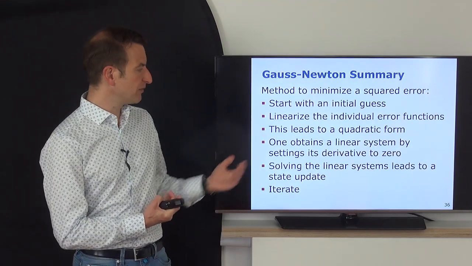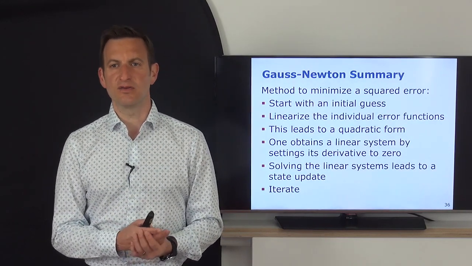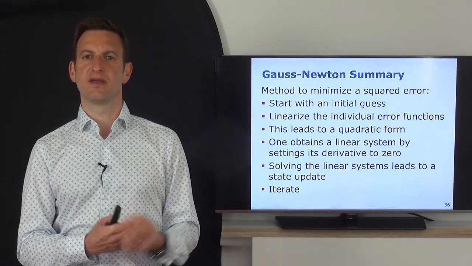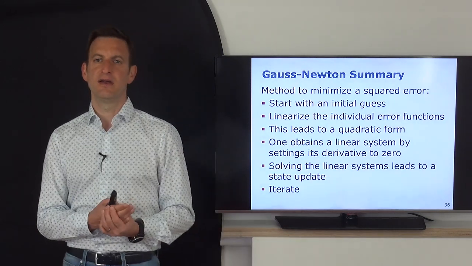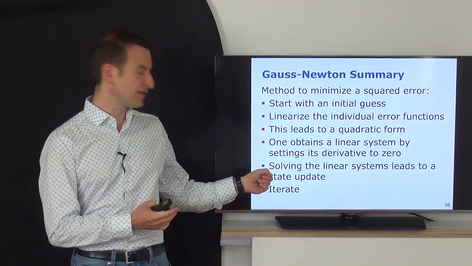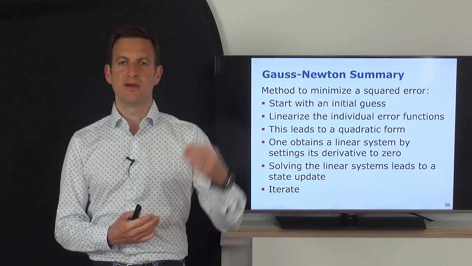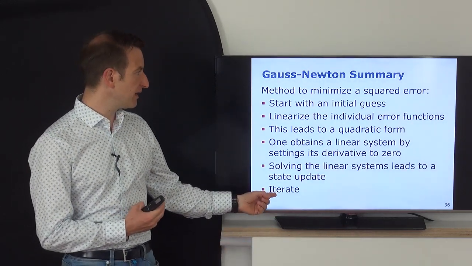Then I get a system of linear equations which just contains this H and this b, and I need to solve this system of linear equations. For that I can use, for example, Cholesky decomposition. This is actually a step which may take a substantial amount of computational resources. Then I have finished one single iteration, and then I iterate.